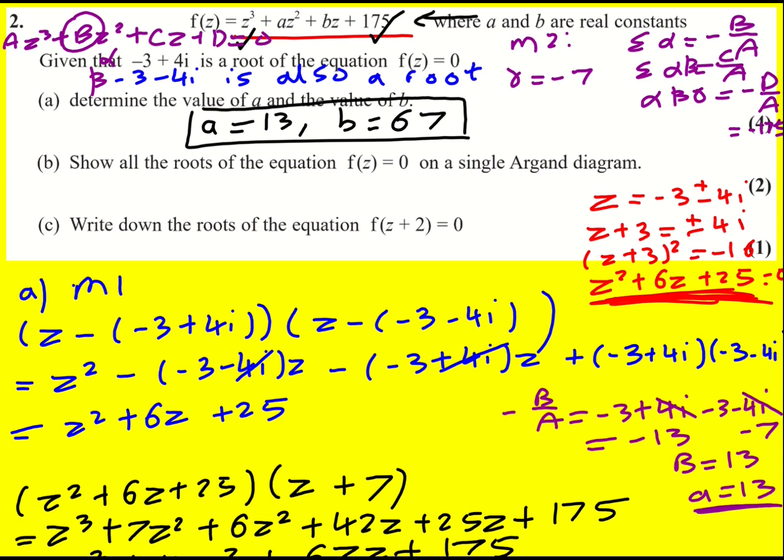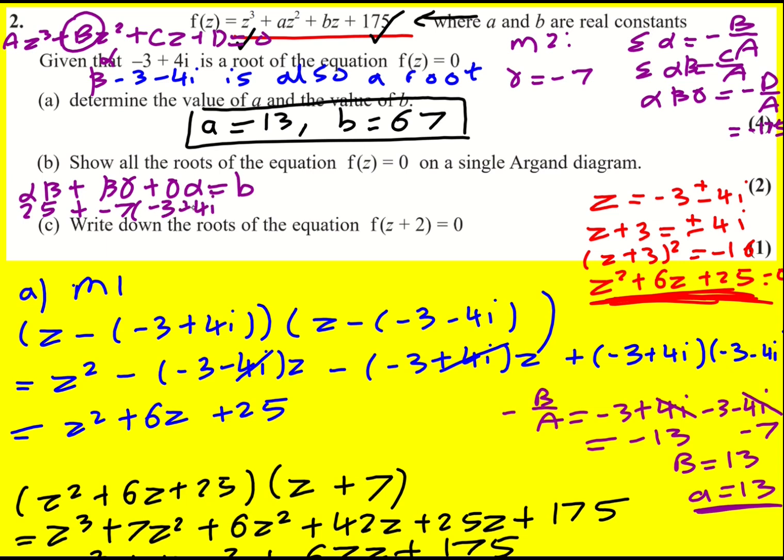And then finally we could do the product of the pairs of roots. Oh, I'm not going to go through that, but, no, let's do it. So it would be alpha beta plus beta gamma plus gamma alpha is equal to C over A, which in this case is just B. Now we've already worked out alpha beta, that's the 25. That's when you times the two complex roots. And then it would be plus minus 7 times minus 3 plus 4i.